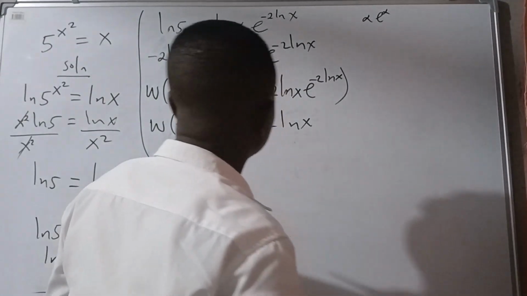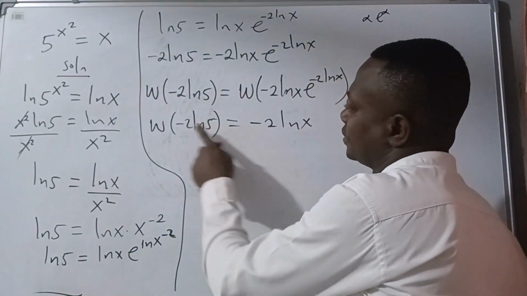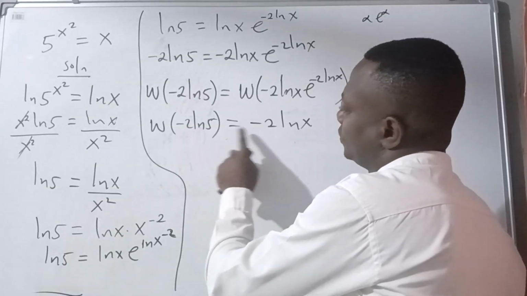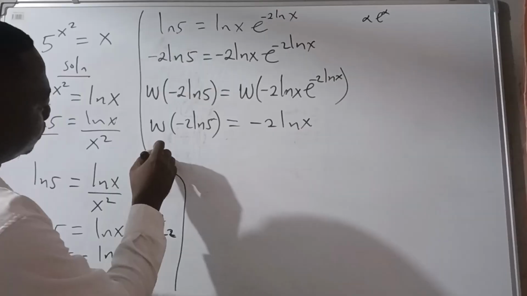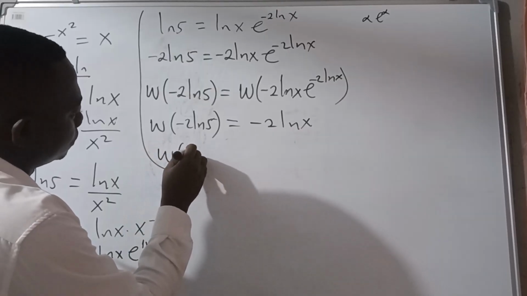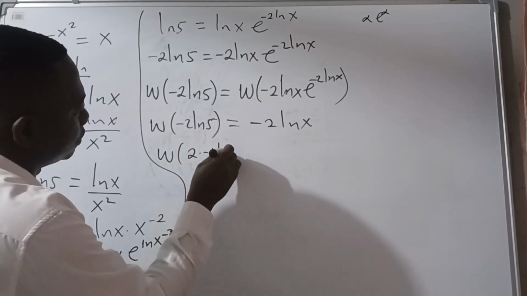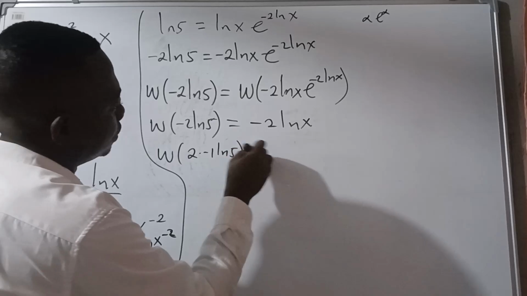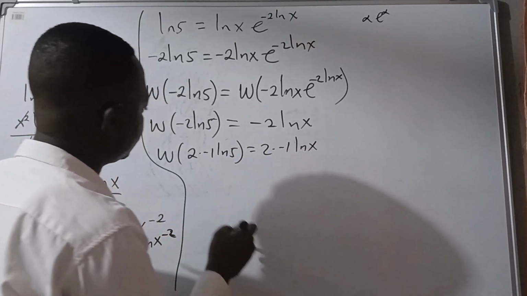I would like to manipulate the negatives here. So I can say 2 times minus 1 ln of 5, and this one is the same as 2 times minus 1 ln of x.